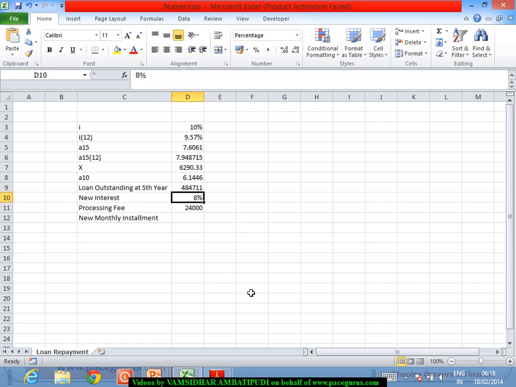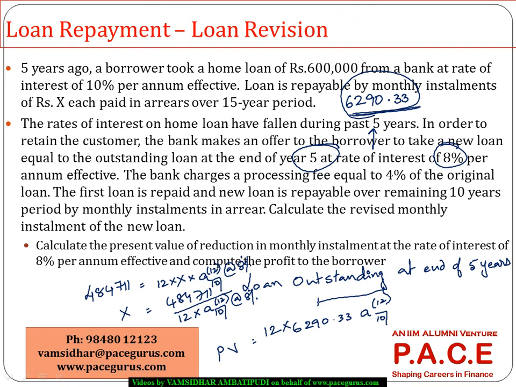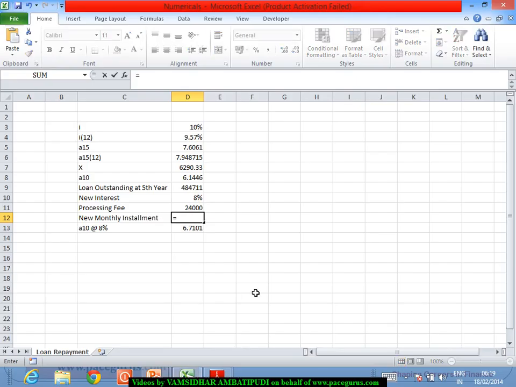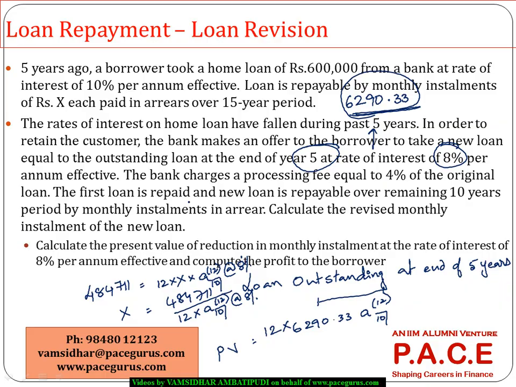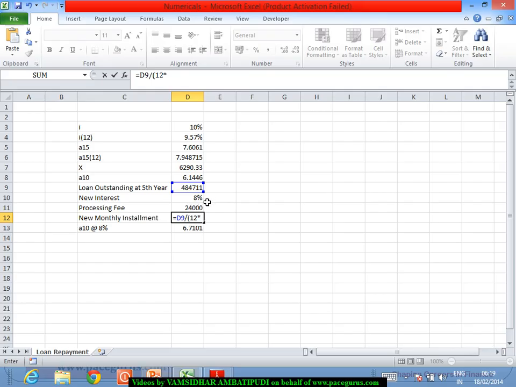So I need to get the new a10 at 8%. So at 8%, my a10 value is 6.7101. So from here I can compute my new monthly installment: 484,711, which is this one, divided by 12 times a10 on a monthly compounding basis.